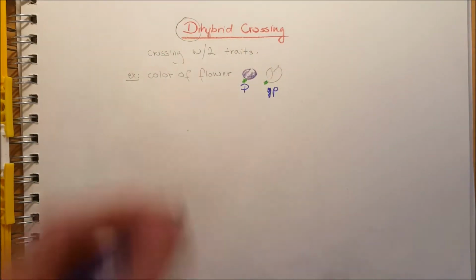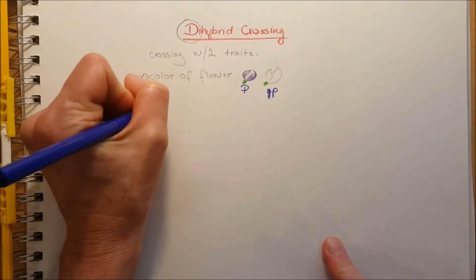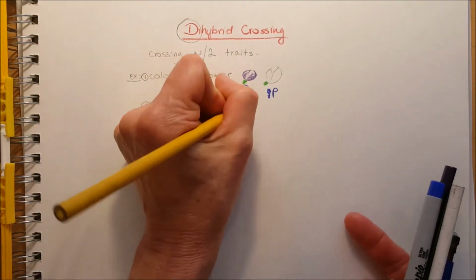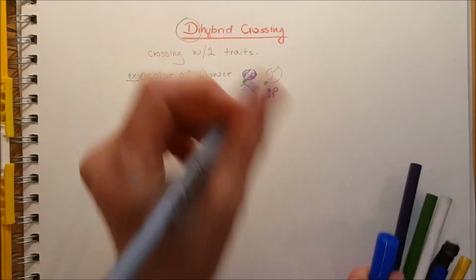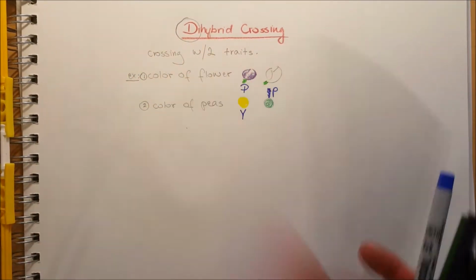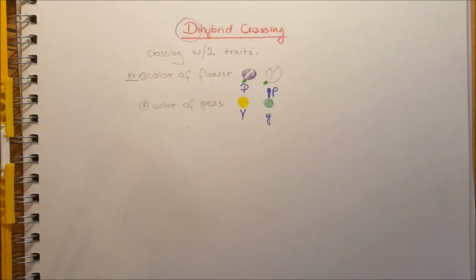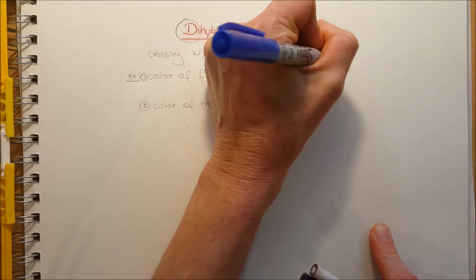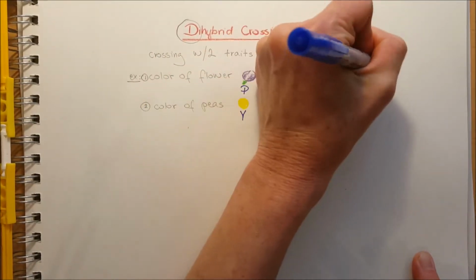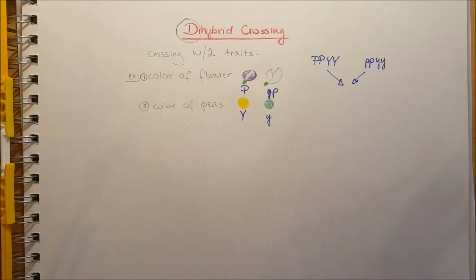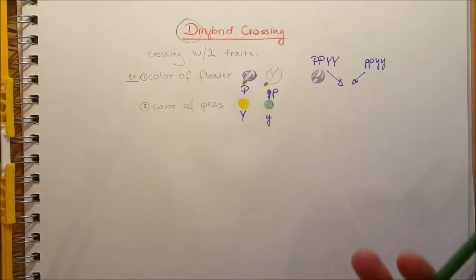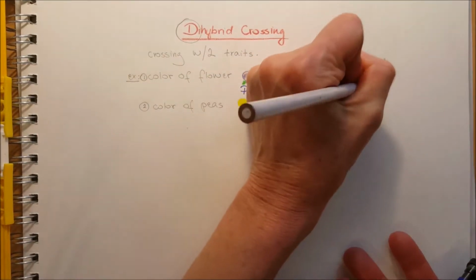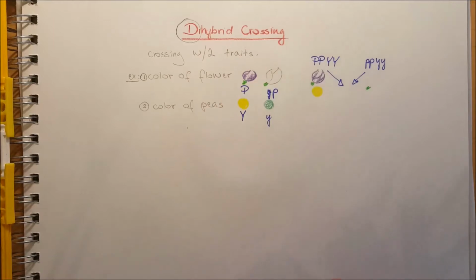The other trait, or character, will be the color of the peas. The dominant color will be yellow, the yellow peas, and the recessive will be the green. So, homozygous dominant, capital P, Y, and homozygous recessive as a parent generation will cross, and they will have the F1 generation.